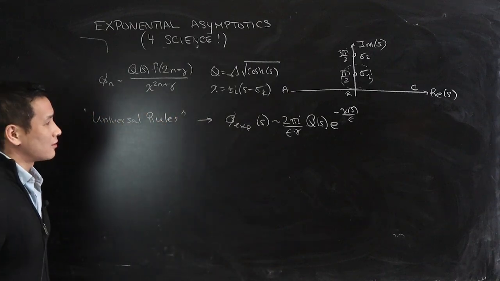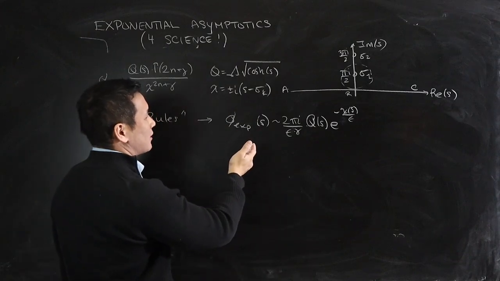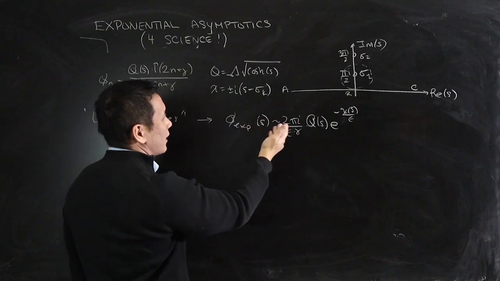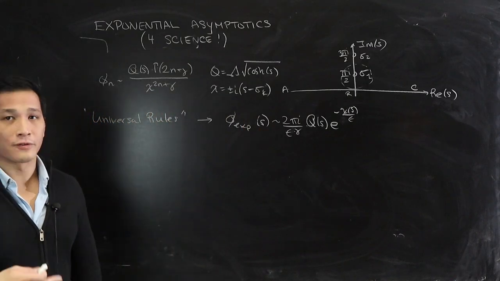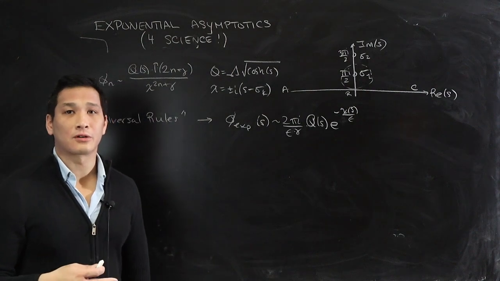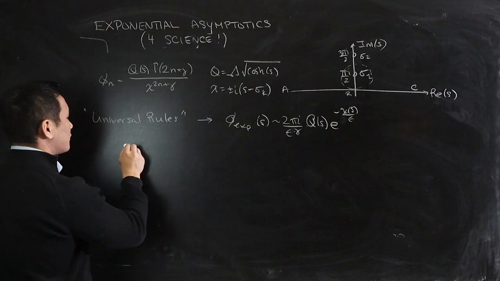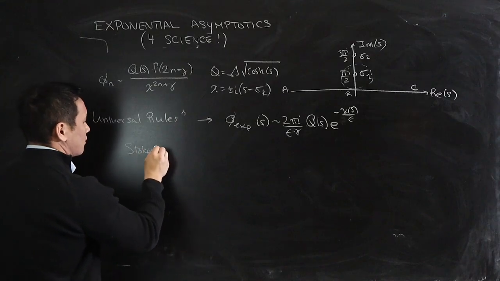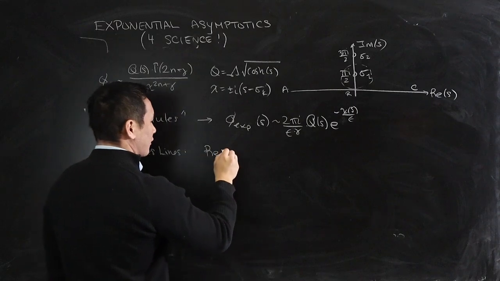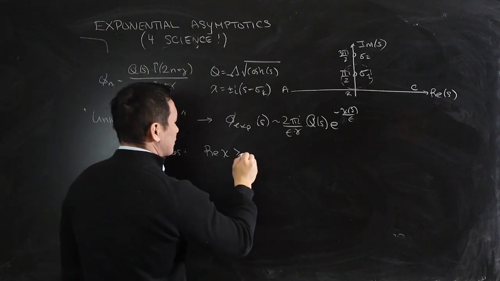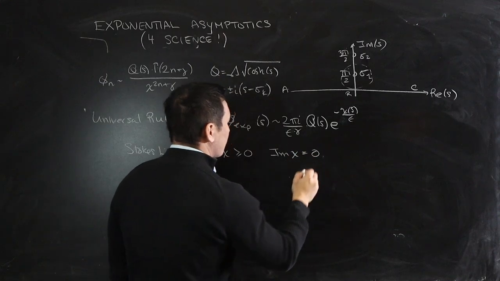But basically, this is one universality: once you've found your q and your chi, there is this expression for the exponentials that's switched on. The other universality is that the Stokes lines are where the real part of chi is positive and the imaginary part of chi is equal to 0.